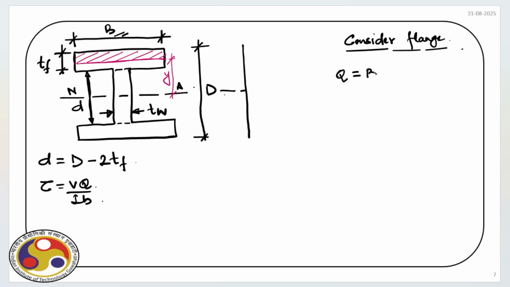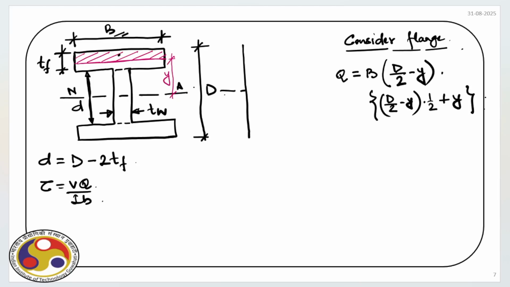What is that? B, which is the width, times D by 2 minus y is the depth, times we have to find out the CG of this section, which is somewhere here. So for that we have D by 2 minus y, that is the depth divided by 2, so half, plus y is the distance of the CG from the neutral axis, right? Okay.